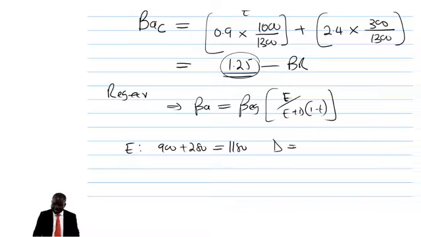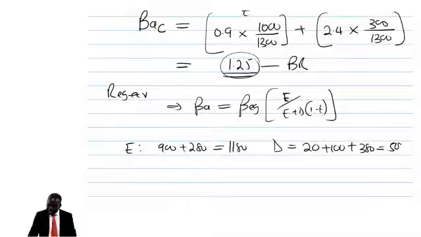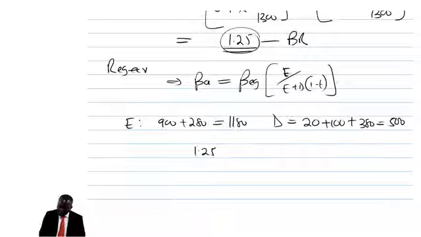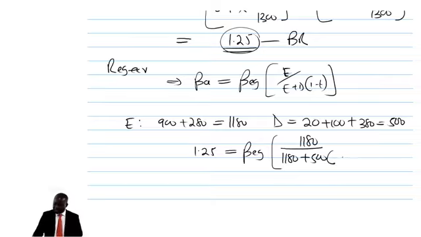What will be the debt? Coleman was having 20. Edwards was having 100. We have to go and borrow 380, and that is the 500. So getting these two values, I put them in the formula. 1.25 should be equal to the equity beta geared, the equity is 1,180, 1,180 plus what? 500. Don't forget the tax.